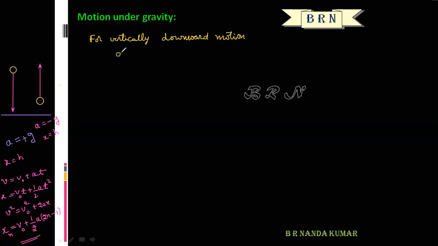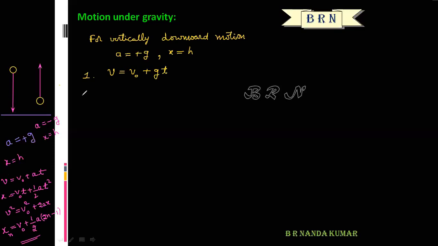So what is the value of A? For vertically downward motion, A becomes plus G, right? And X becomes H. So the first kinematic equation becomes V is equal to V naught plus GT.